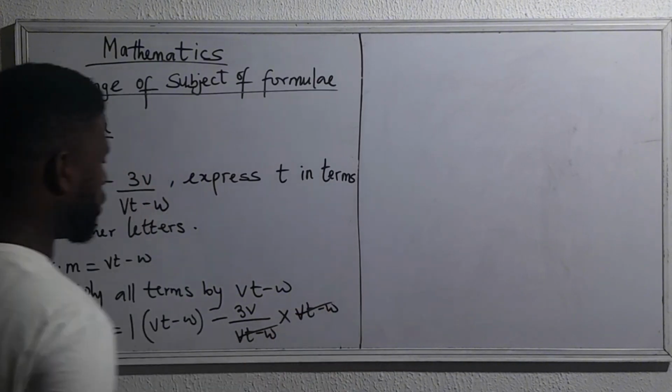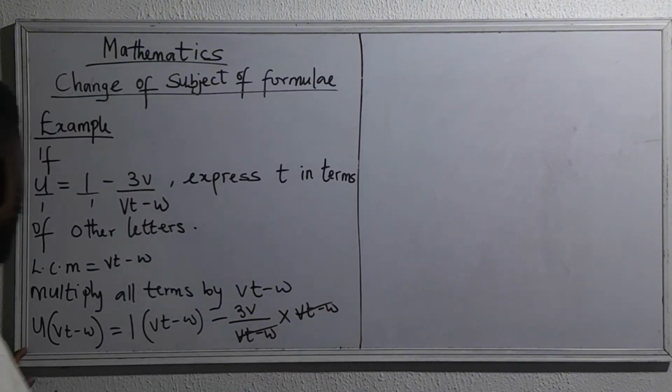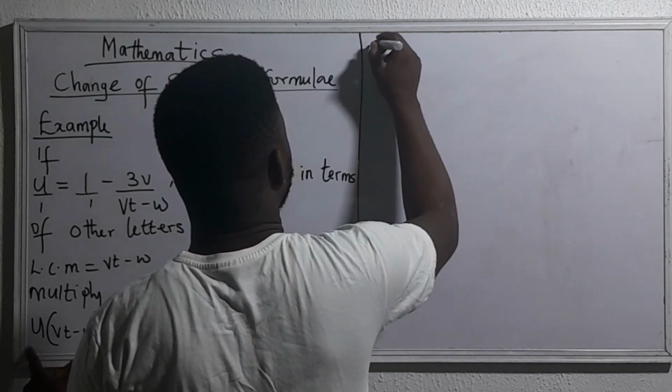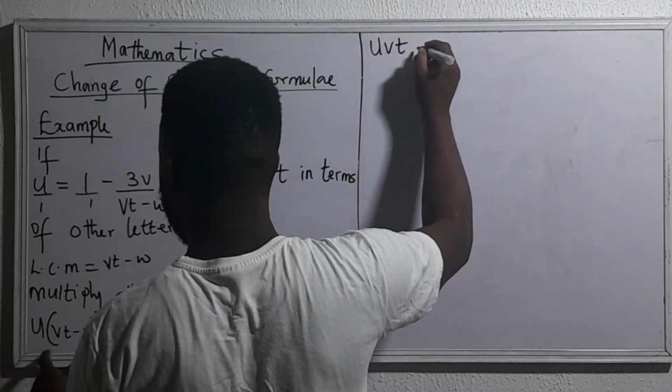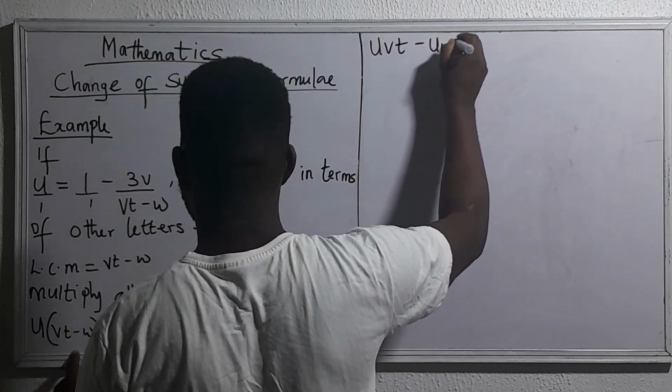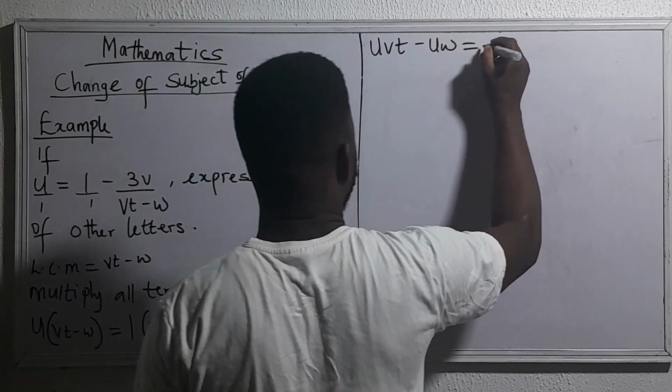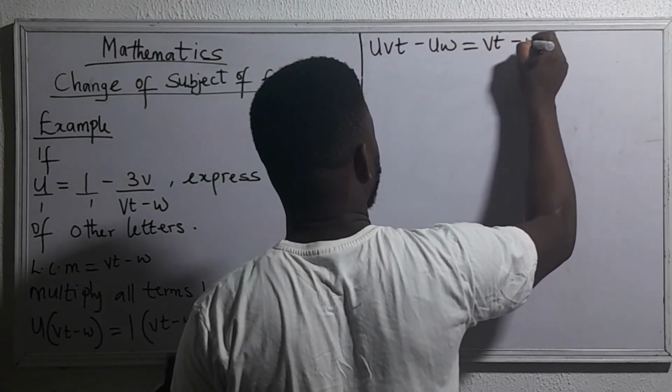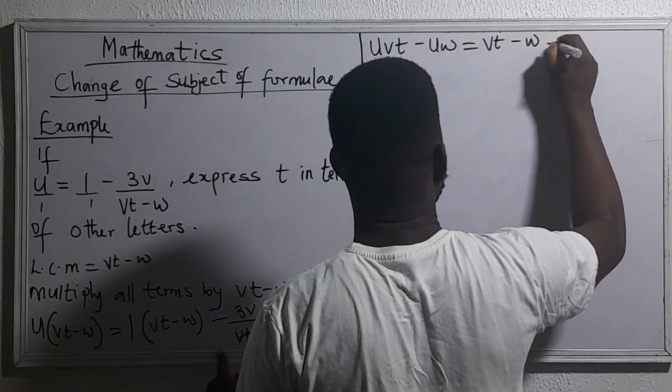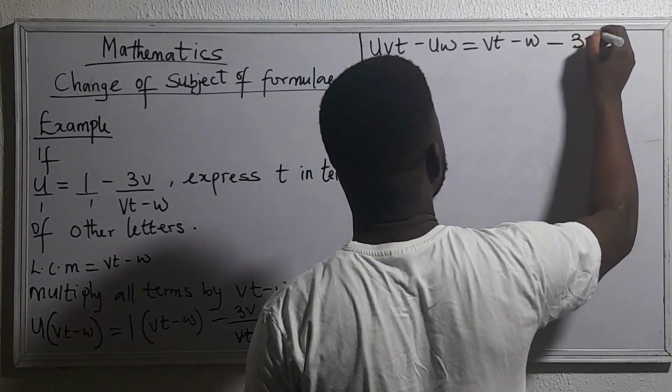Now vt minus w will cancel vt minus w out. If we open the bracket, uvt minus uw equal 1 times vt is vt minus 1 times w, vw, then minus we have 3v.